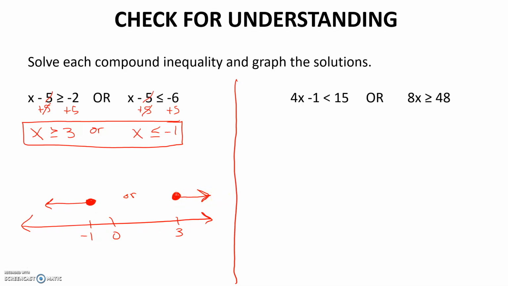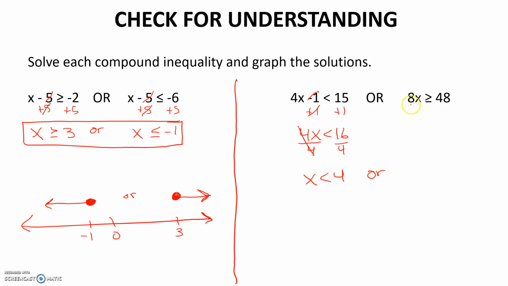All right, if we come over here to the right hand side, now I have a two-step inequality here. So I have to say plus 1, negative 1 and 1 cancel out. I have 4x is less than 1 plus 15, which is 16. I divide both sides by 4. Okay, and then 4 divided by 4 is 1. 1x is less than 16 divided by 4, which is 4.